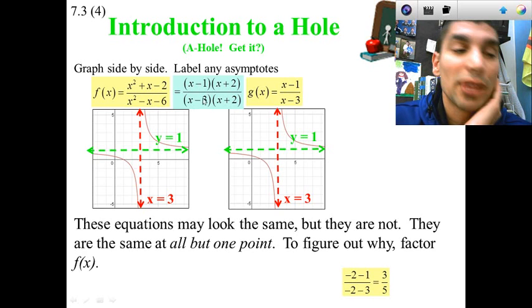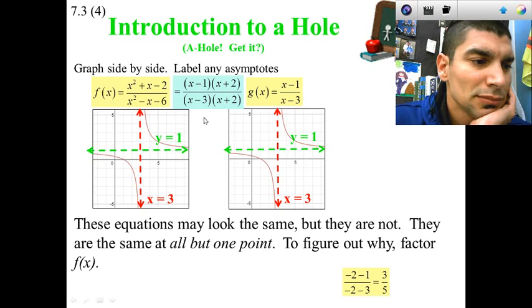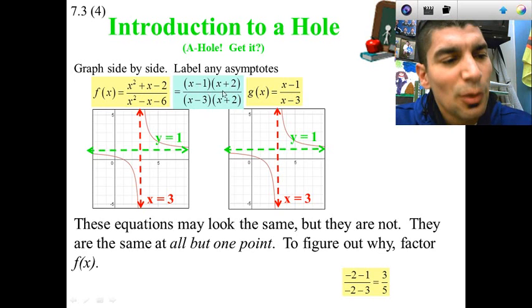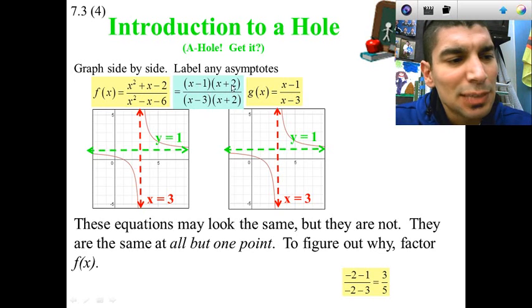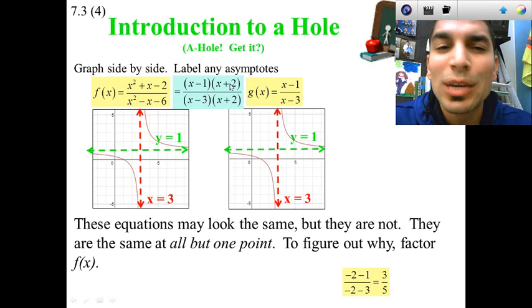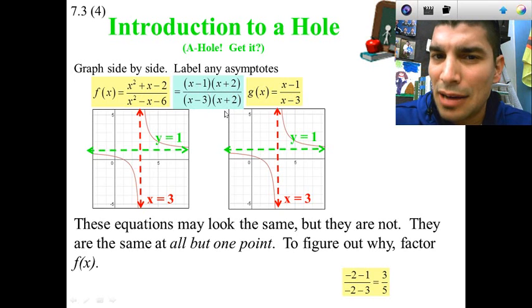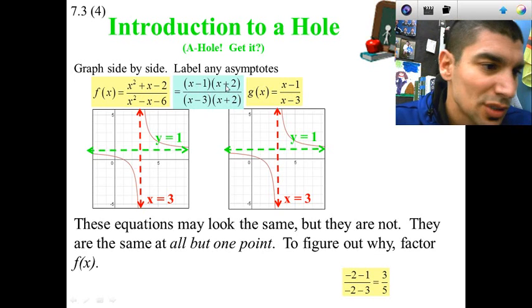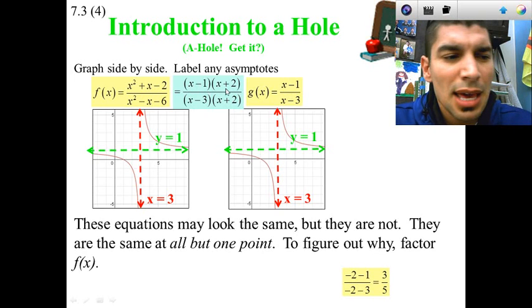As a matter of fact, when I look at this, the x plus 2 and the x plus 2 would reduce. It would reduce to 1. x plus 2 goes into x plus 2 one time. And if I did that, then I would have the same equation as g of x, with one catch.